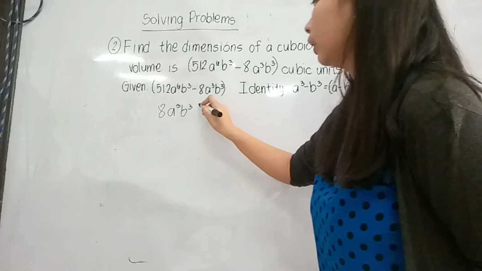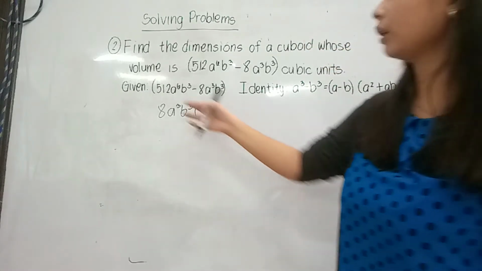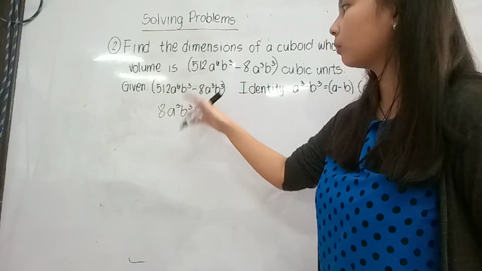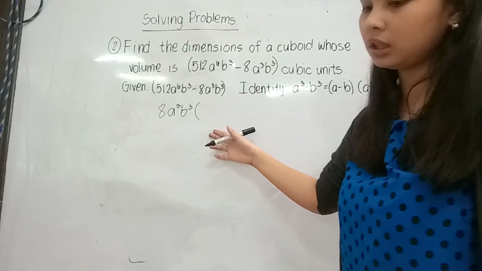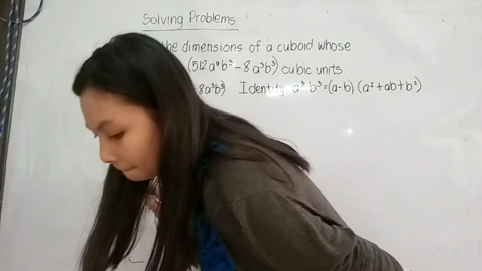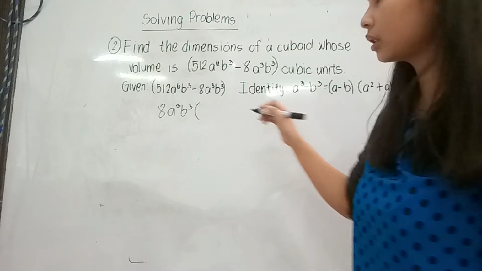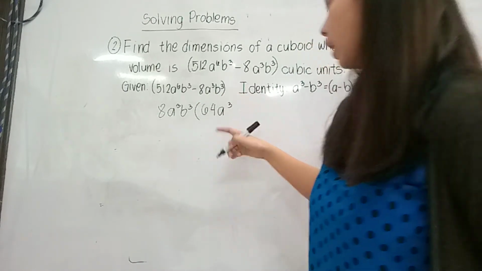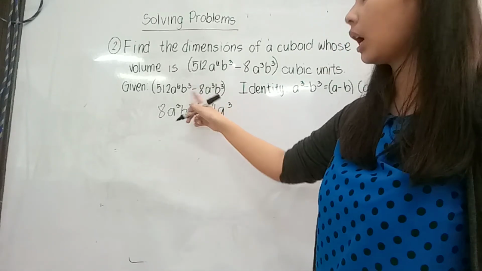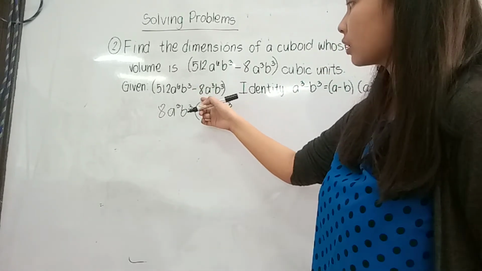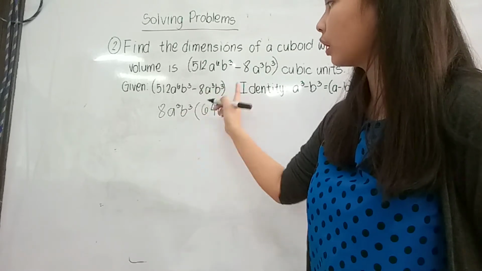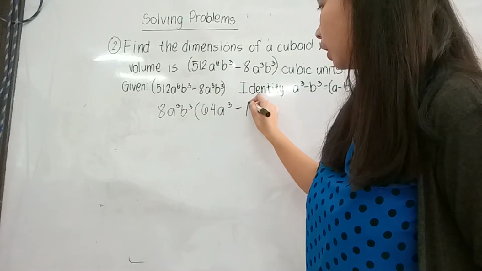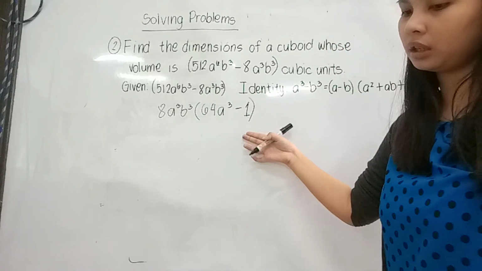So, copy nyo na lang, and then, divide nyo lang sila. 512, a raised to 6 b cube divided by 8 a cube b cube, ang magiging sagot natin dyan is 64 a raised to 3 na lang. Wala na siyang b cube kasi maka-cancel out na natin sila. Next naman, pareho silang itsura, cancel out nyo sila pareho, kaya magiging minus 1 na lang. Okay? Magiging ganyan na siya.